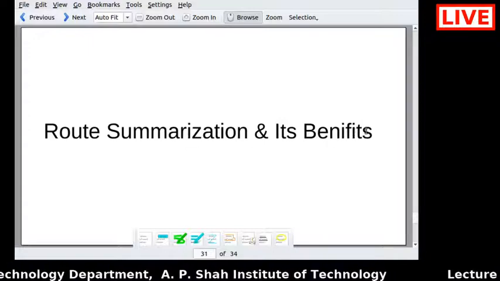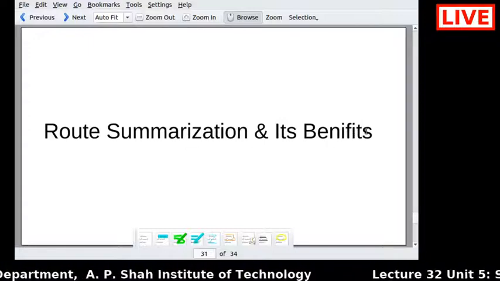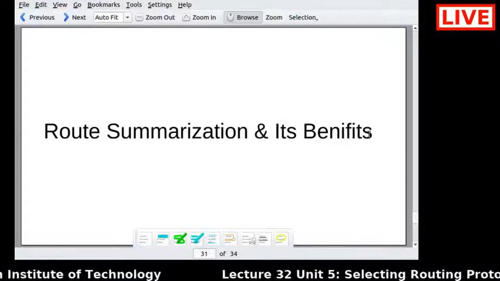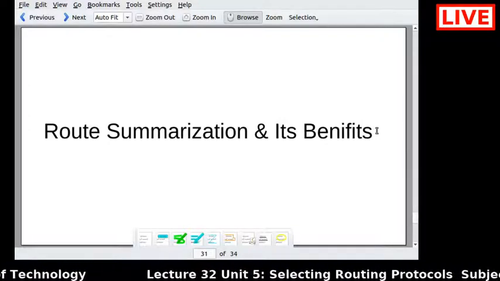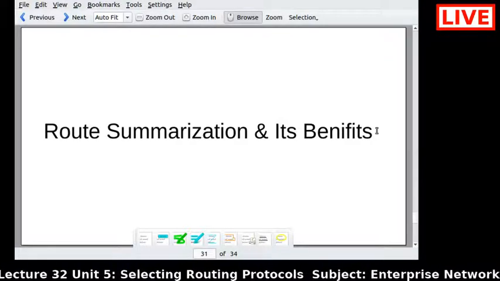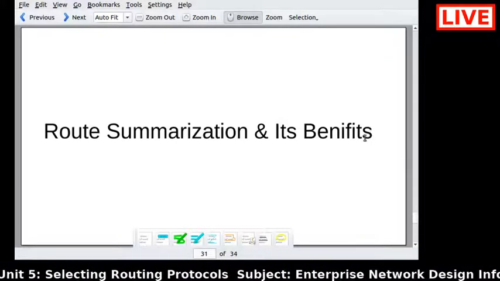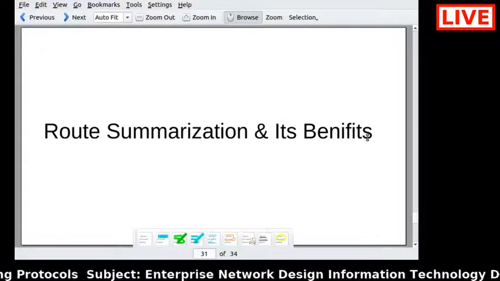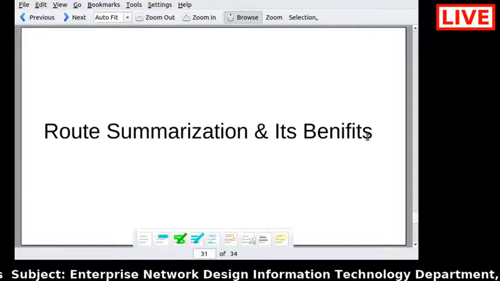What are the different advantages of summarization? It reduces the routing update traffic. Given the number of routes in the routing table, the overall router overhead would otherwise be larger.